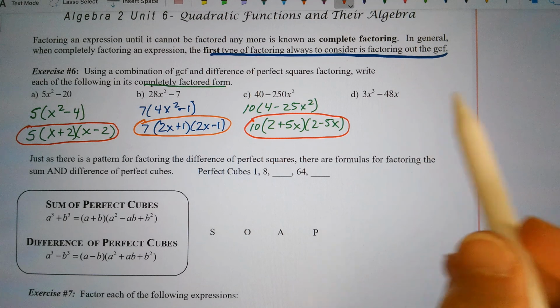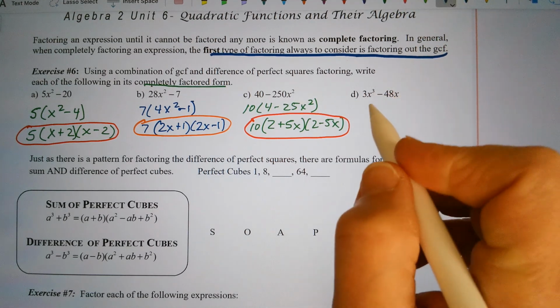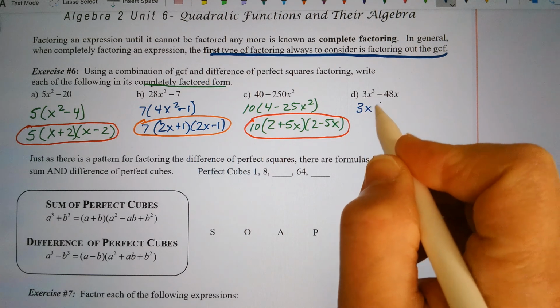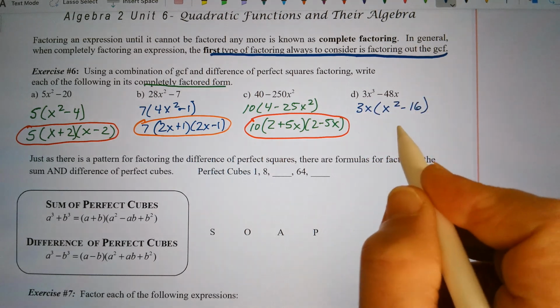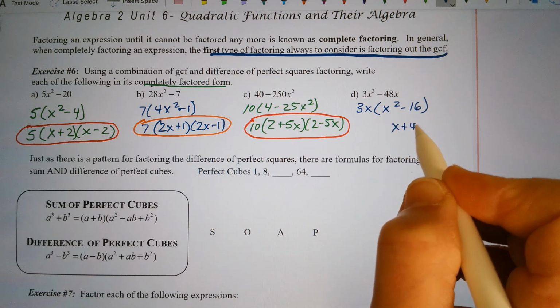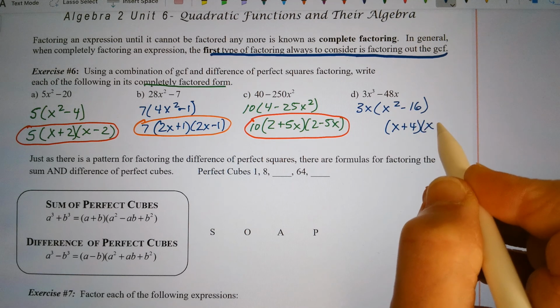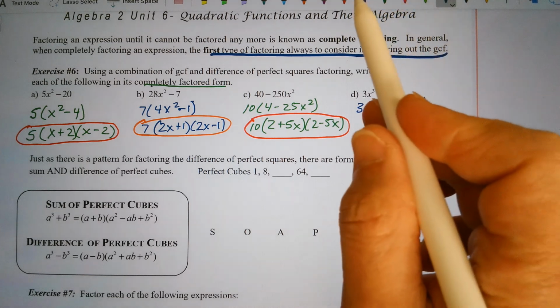And D, what's common to both of these terms is a 3x, x squared minus 16, and x squared minus 16 is the difference of perfect squares. That factors into x plus 4 times x minus 4.